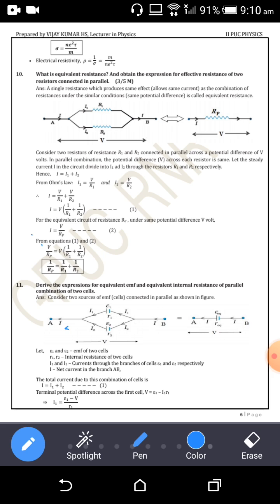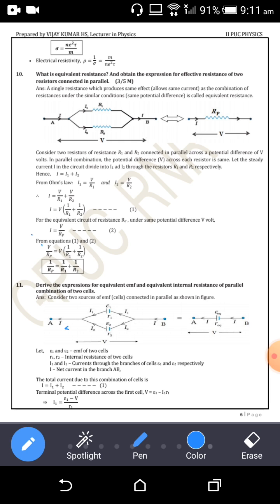As you know, the total current due to this combination of cells is I is equal to I1 plus I2, which is equation 1. Next is the terminal potential difference across the first cell.